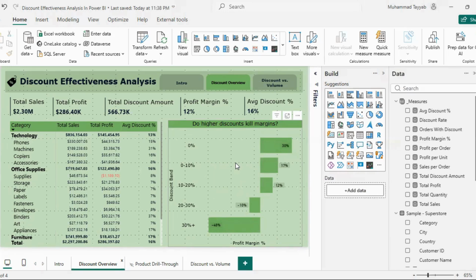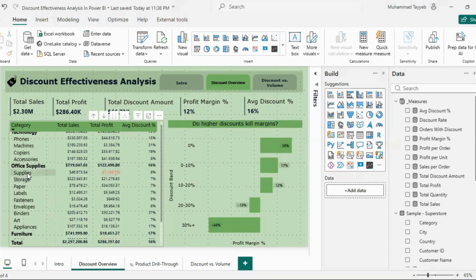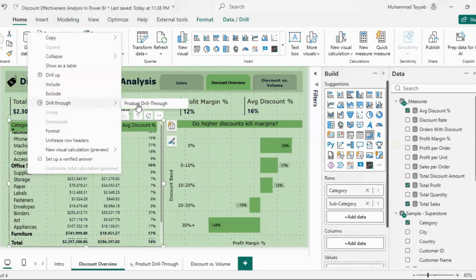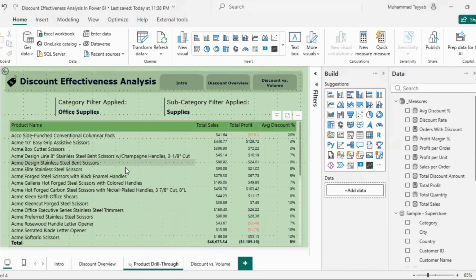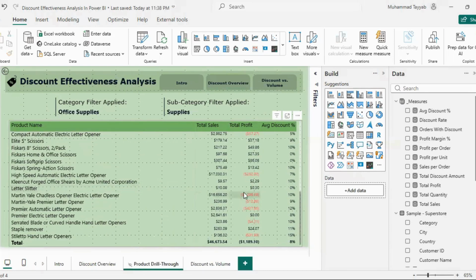So this one chart alone can change a company's entire pricing policy. And obviously, we can also drill further down to look at different products to which we can apply different discount rates. Now here's a feature I built specifically for project managers: drill through. If I right click on, for example, supplies, and drill through, these are the products we have in supplies under the office supplies category.